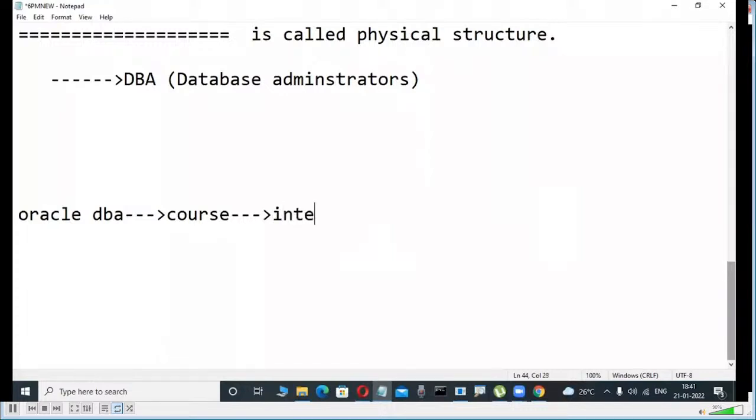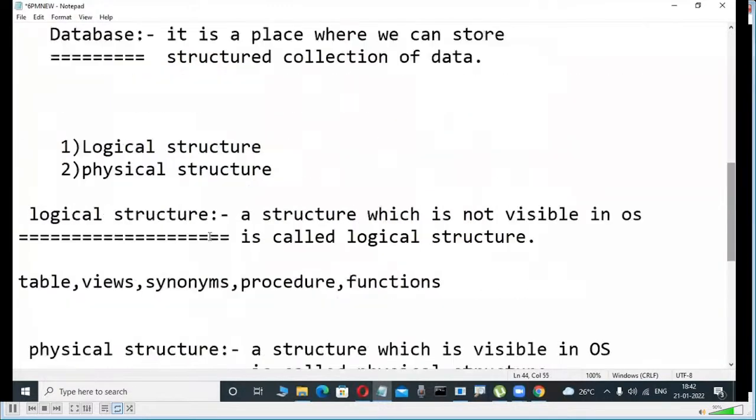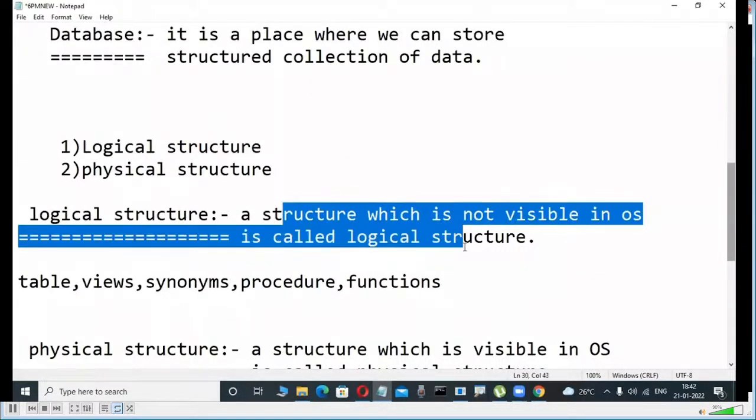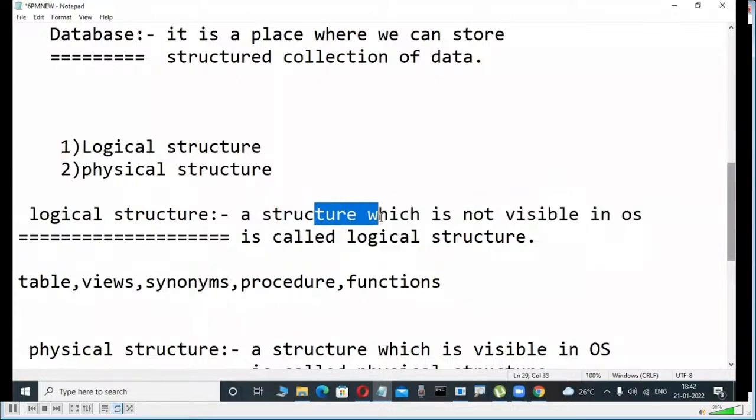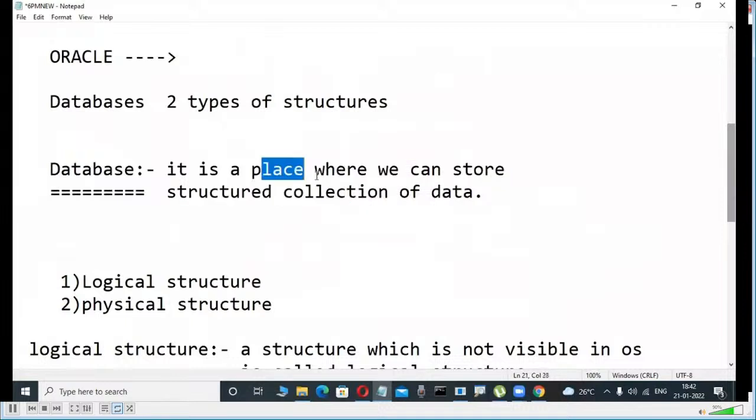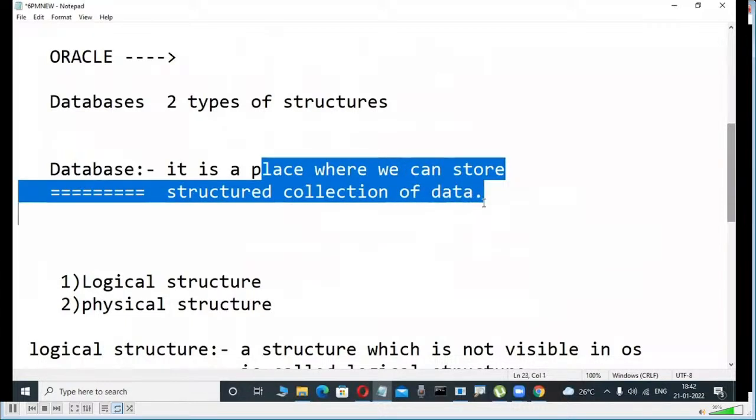Observe here, the interview. Roughly, my interviewer asks, Murali, what is a database? Whenever they ask what a database is, I say, it is bookish knowledge: a structured collection of interrelated data, a place that stores structured collection of data. If I say that, I am immediately rejected.